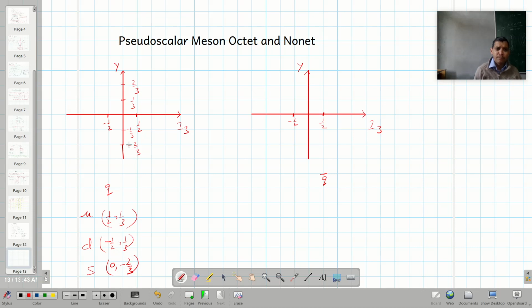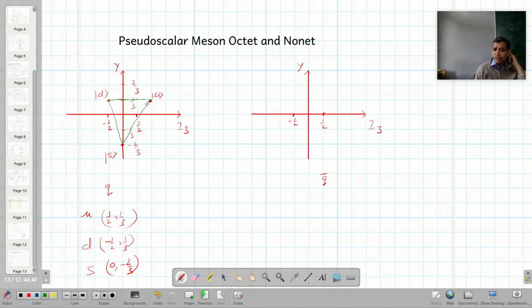That we have to remember. So this point represents u, this point represents d, and this point represents s. This is the thing which we have to remember.